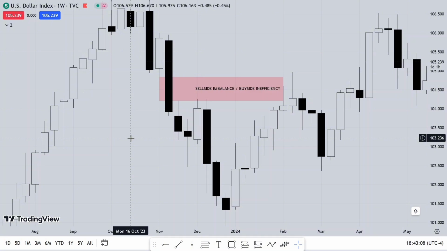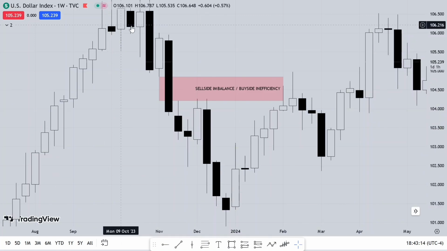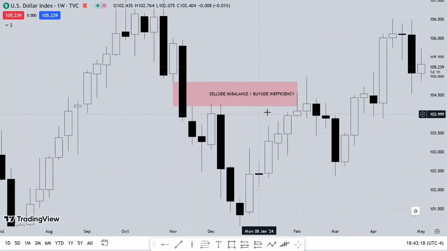The BC is an imbalance to the buy side, while the CB is an imbalance to the sell side, which is lacking in buy side delivery. The imbalance is created in the sell side for the CB, while price is lacking in buy side delivery. Buy side is inefficient.